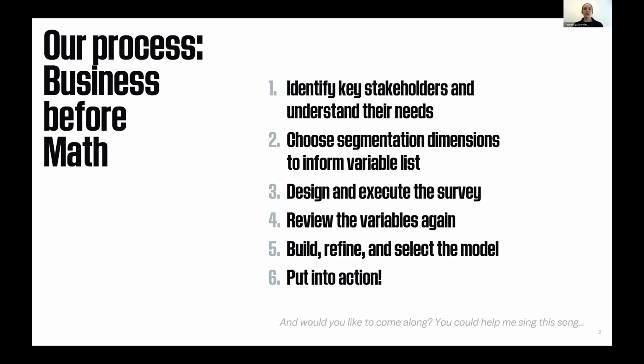We chose our segmentation dimensions based on those conversations, and used that to inform the variables that we ultimately wanted to include. We put that together into the survey, built the survey, programmed it, executed it, reviewed the variables again, and then we finally built, refined, and chose our model, and then we put it all into action.